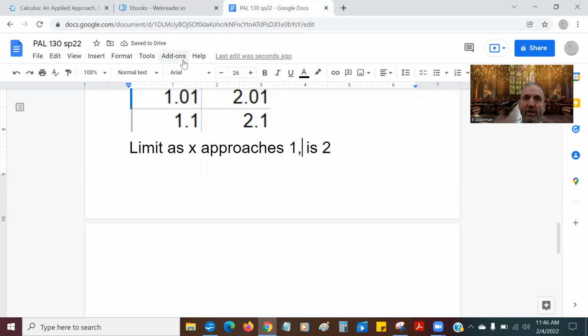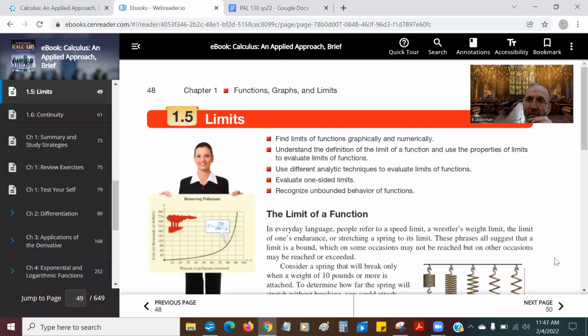And that's limits. And that's really what makes calculus different from algebra, because we can't plug in x equals 1, but too bad, we're going to figure it out anyway. Do you want to see what happens when x gets close to 1? That's what's happening. Alrighty. Let's do some math now.